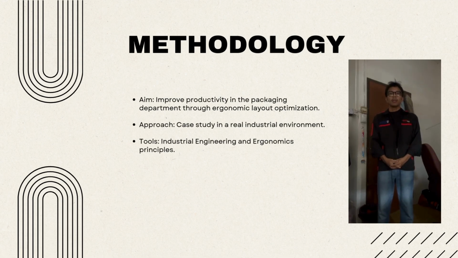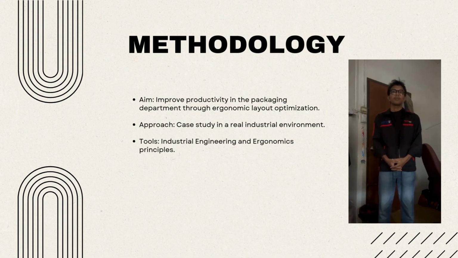For the aim, it is to improve productivity in the packaging department through ergonomic layout optimization. For the approach, a case study in a real industrial environment. And for tools, industrial engineering and ergonomics principles.